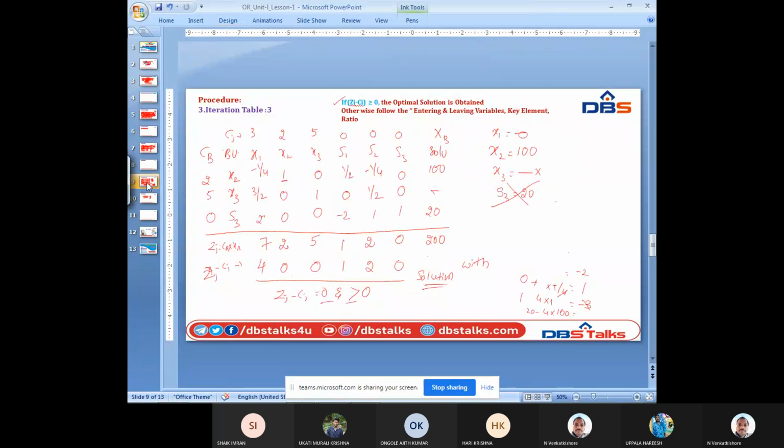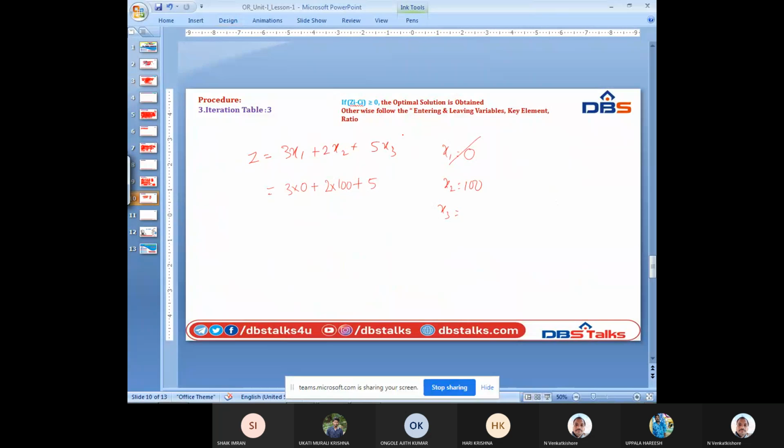Here also x3 has no value. No value means that is simply 0. So by substituting, the maximum value of z is 200. So this is the value of the condition. So finally maximize z equals 200. This is the final solution.